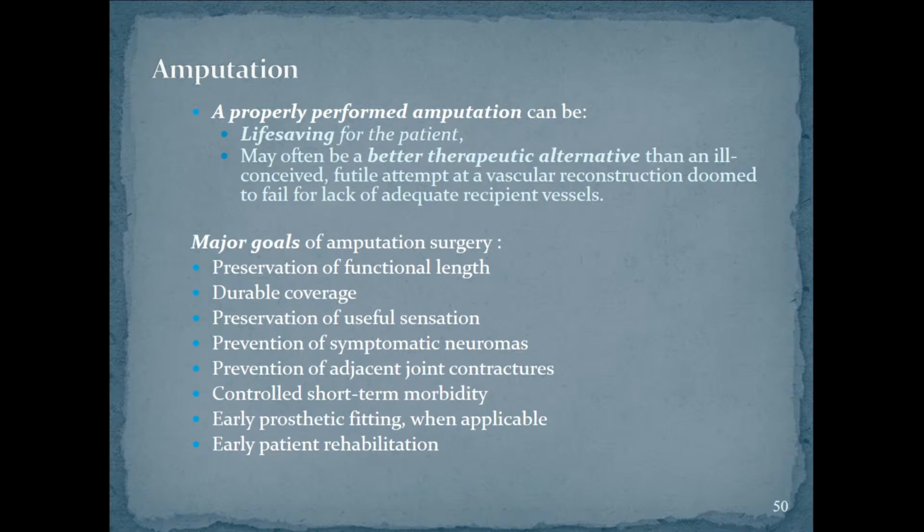Major goals of amputation surgery: preservation of functional length, durable coverage, preservation of useful sensation, prevention of symptomatic neuromas, prevention of adjacent joint contractures, controlled short-term morbidity, early prosthetic fitting when applicable, and early patient rehabilitation.